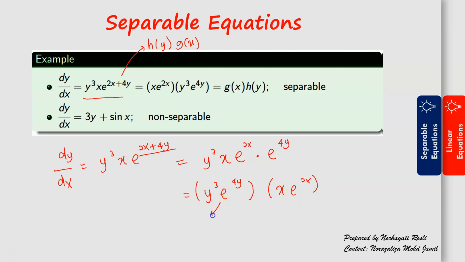You can see this one is h(y), a function that only has the y variable, and this one is a function that only has the x variable. So in this case, I can write it in terms of the definition of a separable equation, so this is a separable ODE.